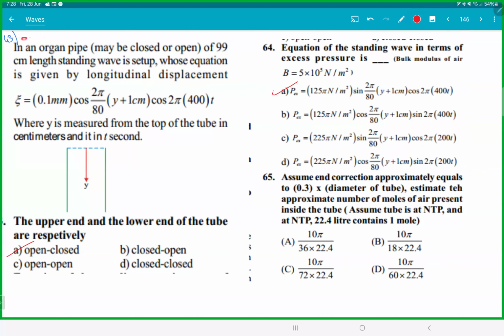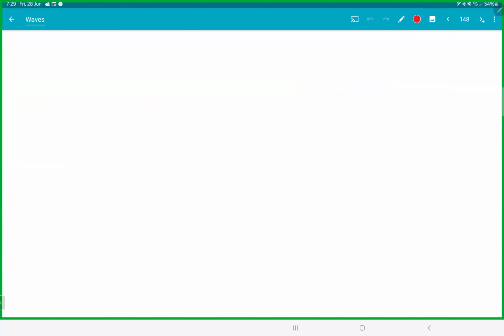The 65: assume end correction is given, estimate the number of moles. So yeah, this is the reason I found the radius. So this whole tube length is 99 centimeters. So from here we'll get the volume, which is pi r square L. Then I can use PV is equal to nRT.